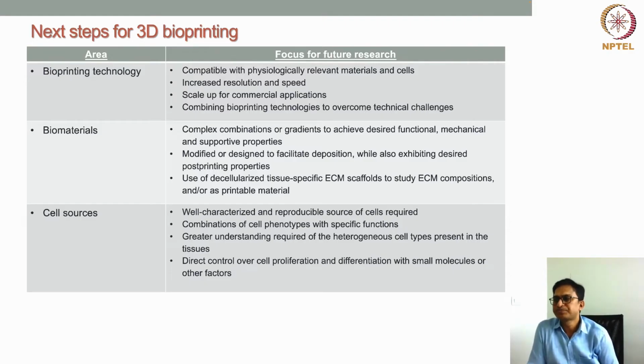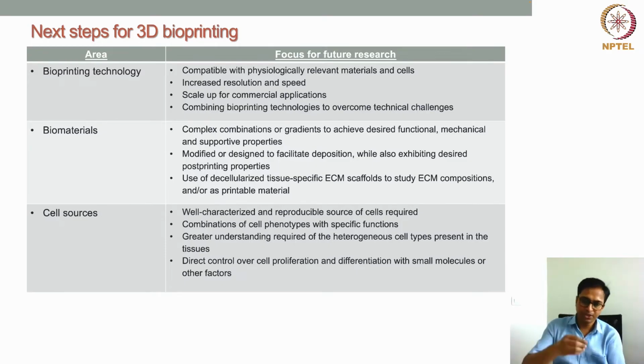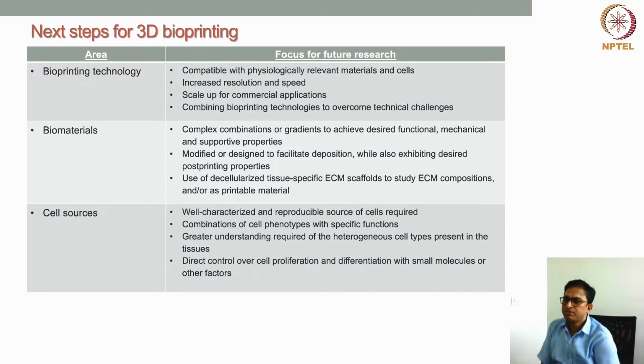To increase the resolution in extrusion based bioprinting, as we have discussed, the resolution is directly dependent on the nozzle diameter. We cannot reduce the nozzle diameter too much, because the cells, encapsulated in the bioink, have to pass through that nozzle. We cannot keep the nozzle diameter very close to the cellular dimension, like 20-30 micron.